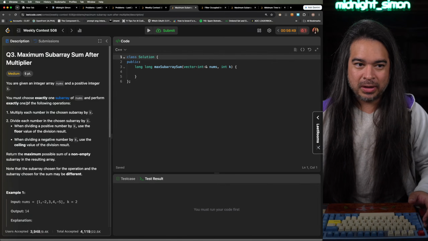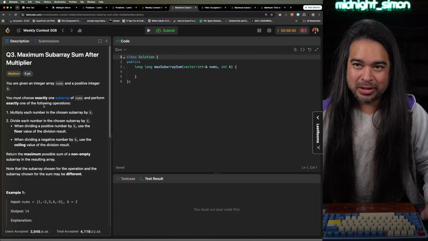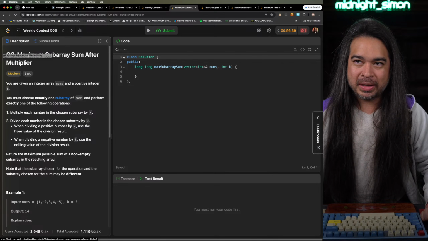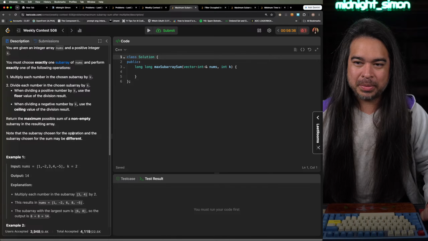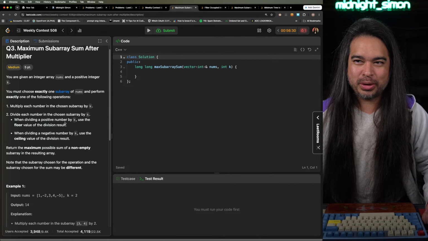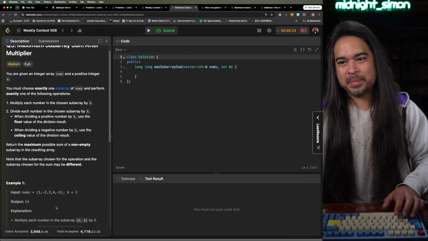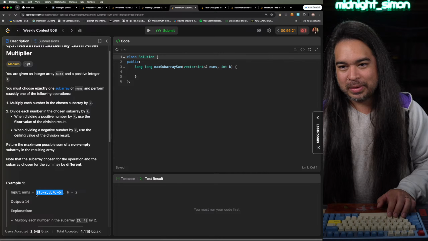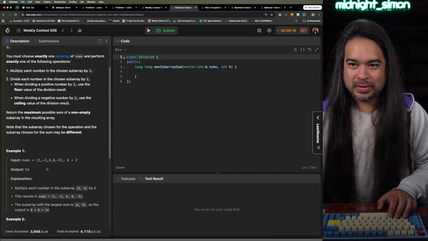Alright, the first thing coming to my mind is sliding window. Second thing, if sliding window doesn't work, is can I binary search the answer? Because it's a maximum, can I just binary search that number? I'm not sure. Maybe not. And the third thing that briefly crossed my mind was prefix sum, but I don't know. I think sliding window seems the most promising here. So let me try to see how it works.